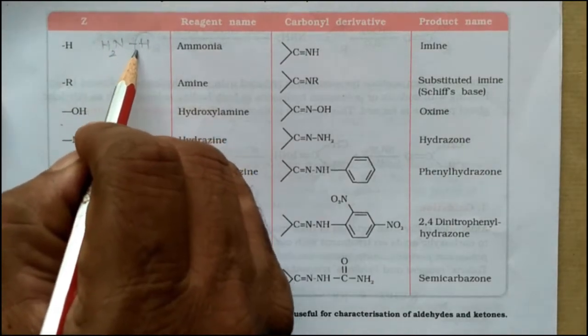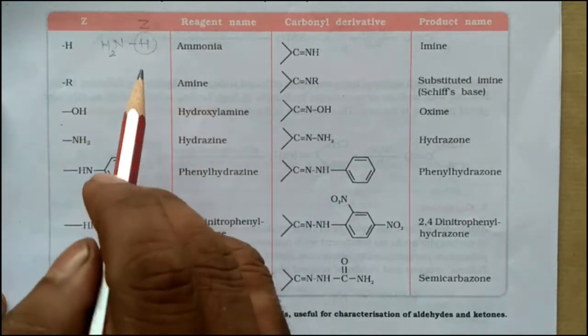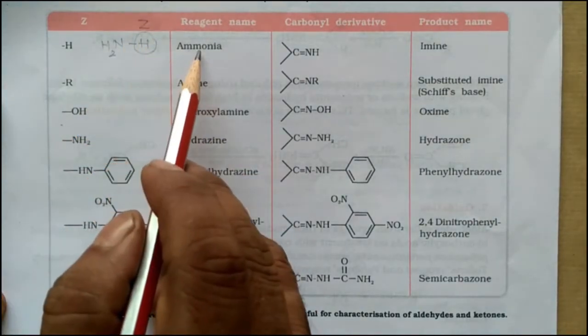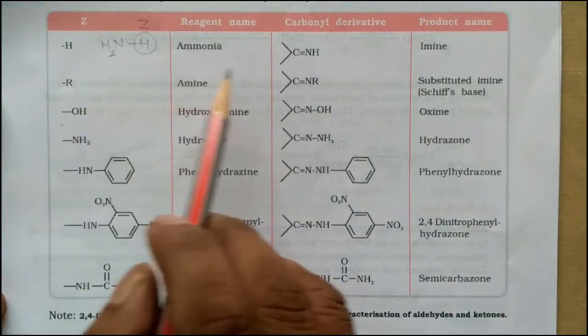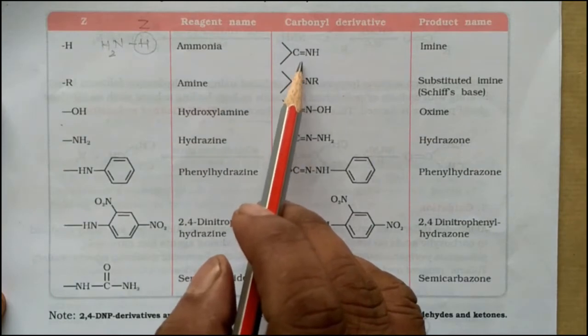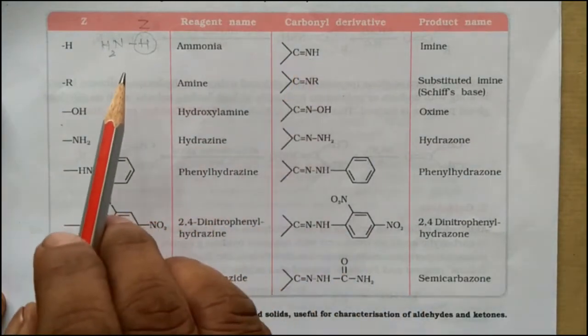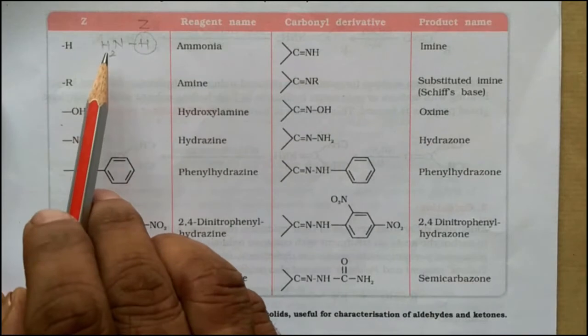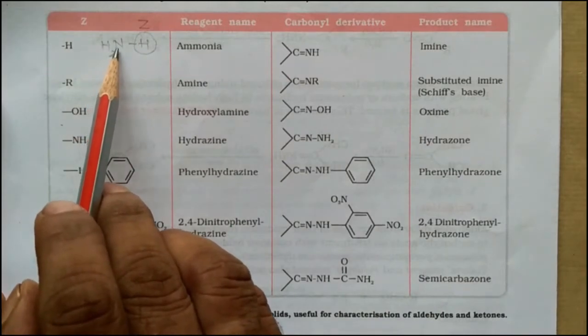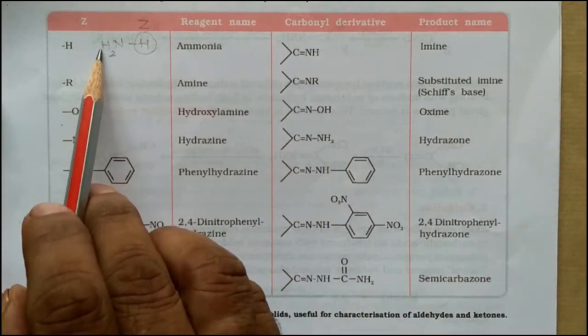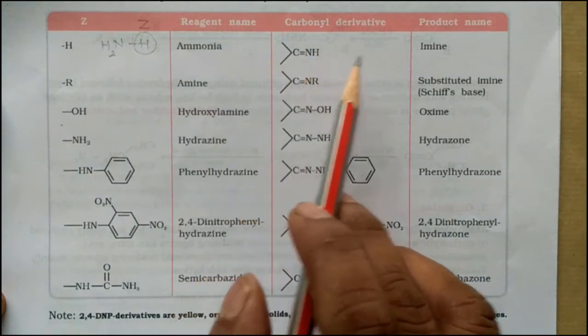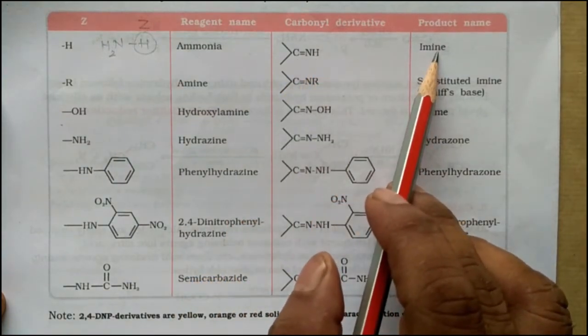This H stands for Z. If Z is H, the reagent is ammonia, and the carbonyl carbon atom links to this nitrogen through a double bond, and H2O is eliminated. So you get this compound that is known as imine.